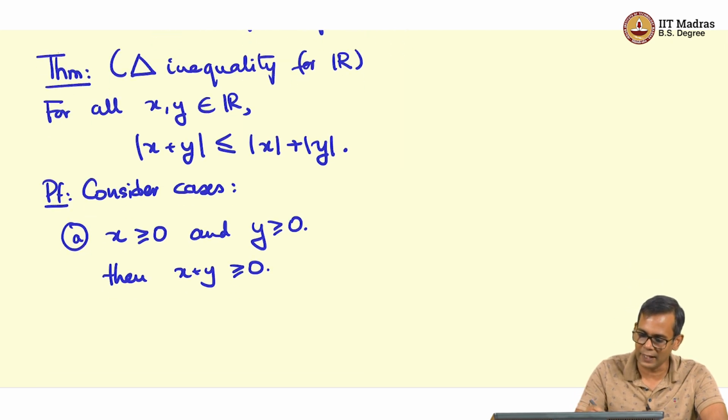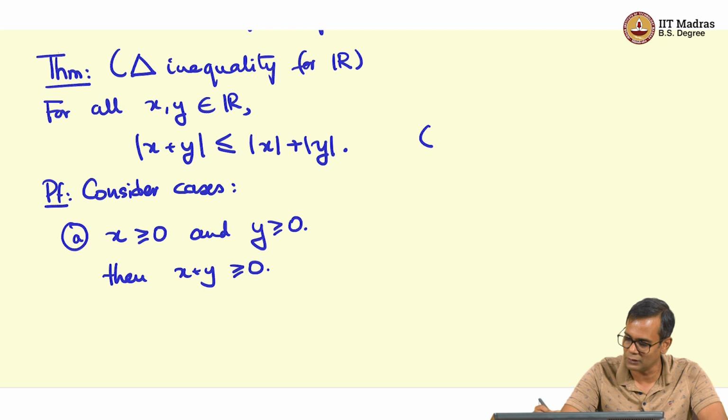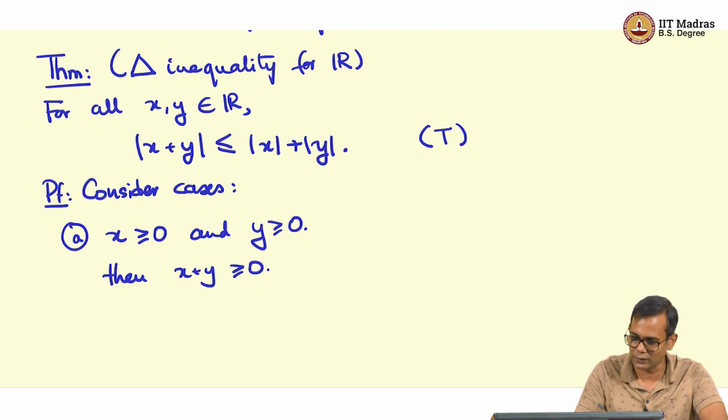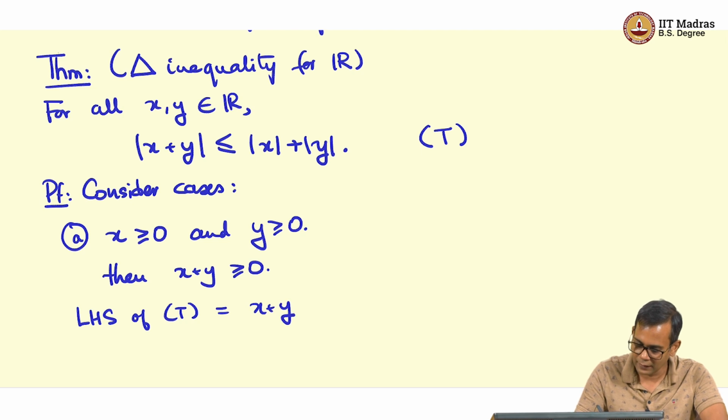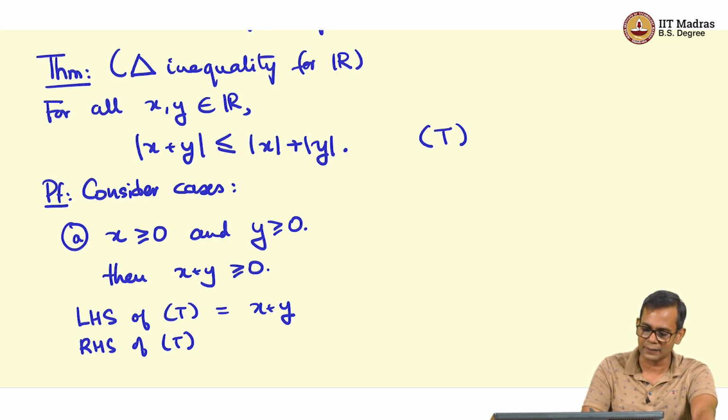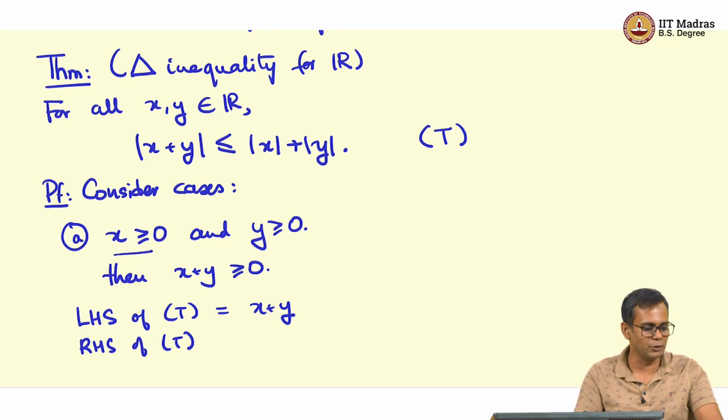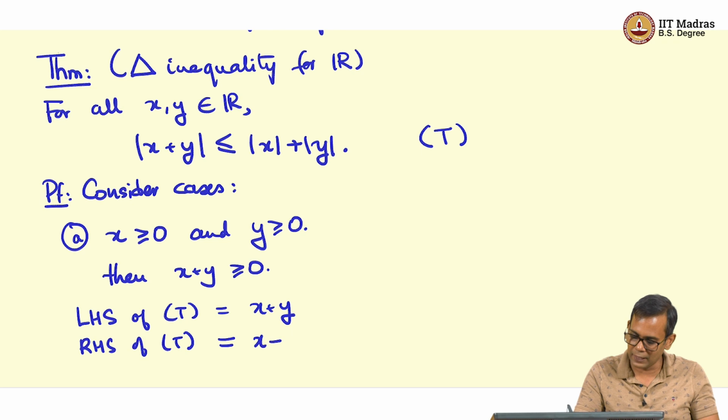So, what we have is that the left hand side of this inequality, let us call this inequality T for triangle inequality, is equal to x plus y, and the right hand side of the triangle inequality, well, what is absolute value of x? X is greater than or equal to 0. So, its absolute value is x. So, this is x plus, and then what is absolute value of y? Well, it is just y. So, the left hand side and the right hand side are equal. So, certainly the left hand side is less than or equal to the right hand side.